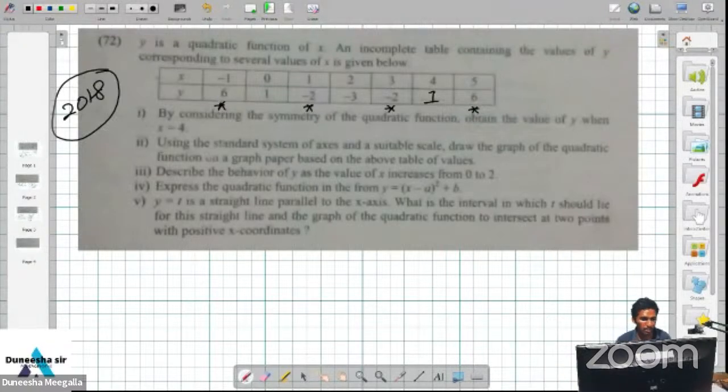We will describe the behavior of y as the value of x increases from 0 to 2.